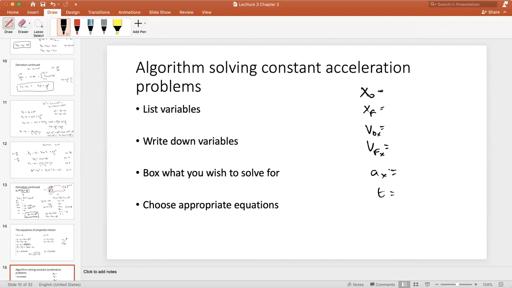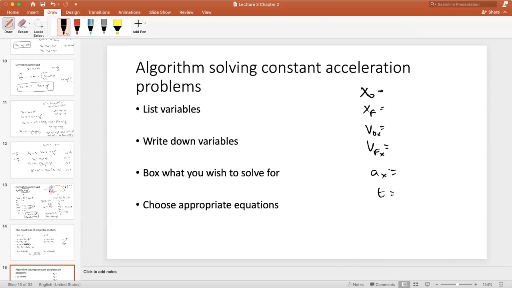Just write down, list those variables, and then try to fill them in. See if you can fill them in. We'll do this for every problem, so hopefully you'll get it. But you list your variables. You also are going to need to include variables that you're assumed to know.